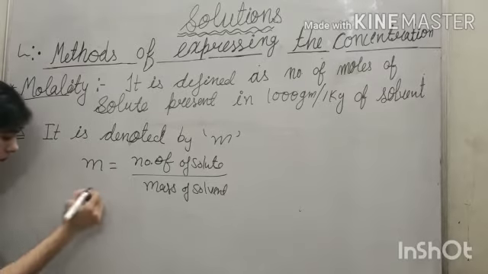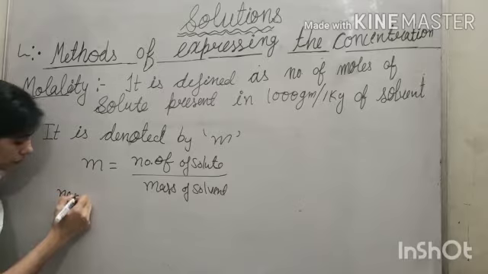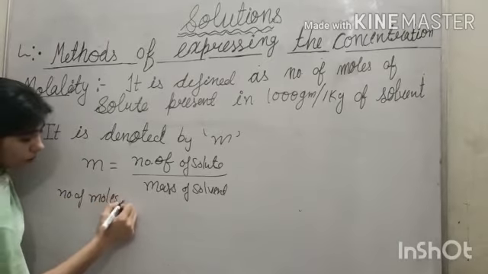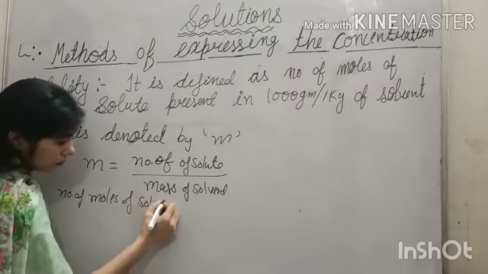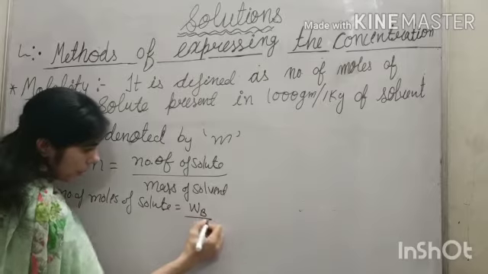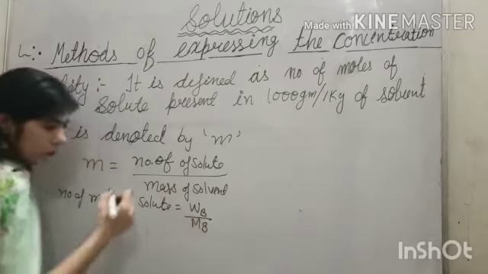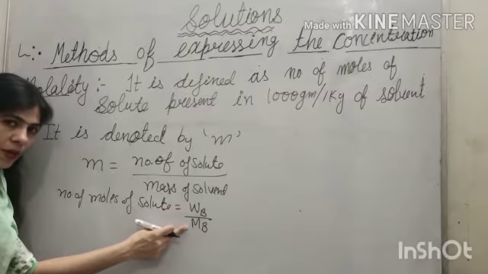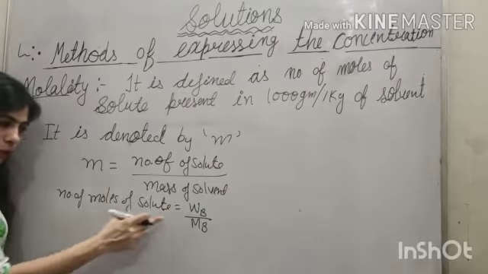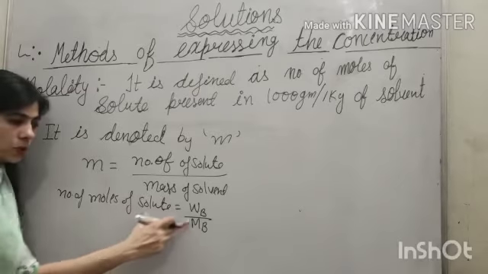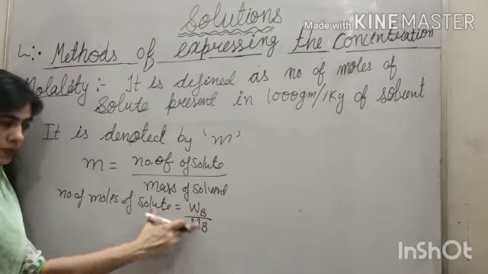And the number of moles of solute is equal to WB by MB, or we can say the given mass of the solute divided by molar mass.